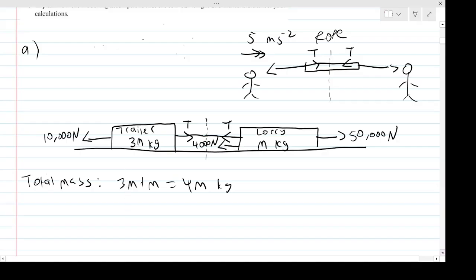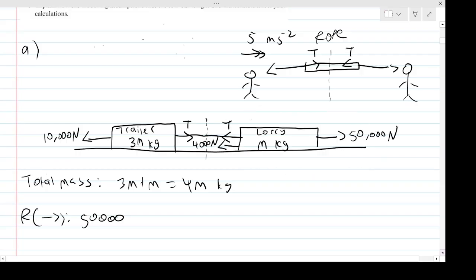Because it's accelerating to the right, let's resolve to the right. Firstly, if we consider the lorry, the force acting to the right is this 50,000 newtons. That's the only force moving to the right from the lorry.